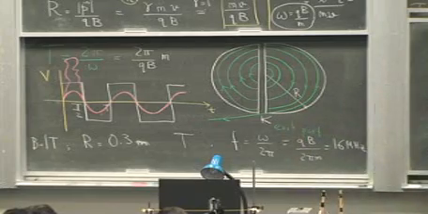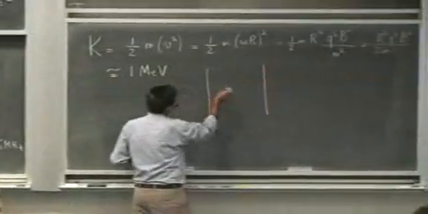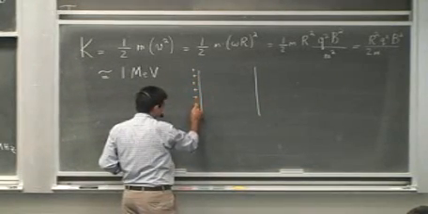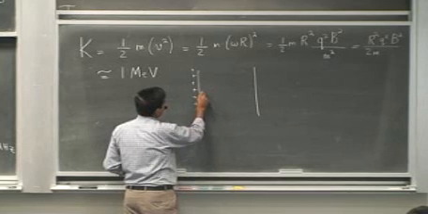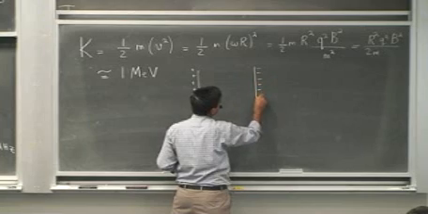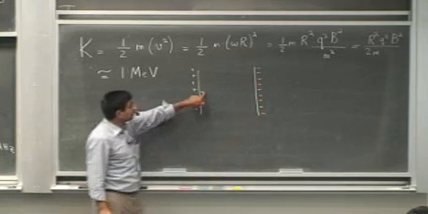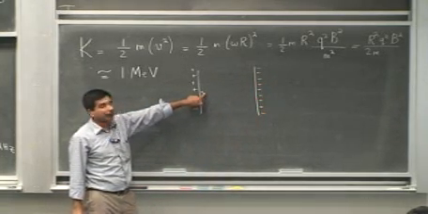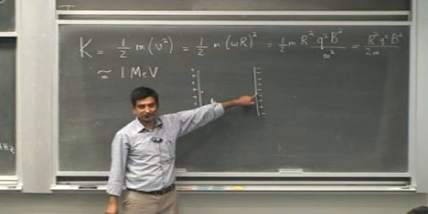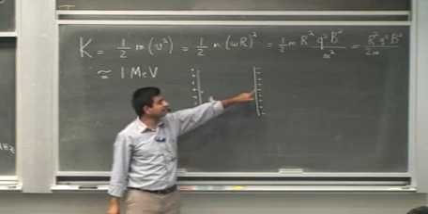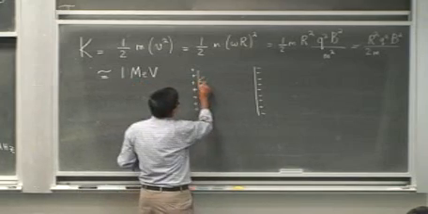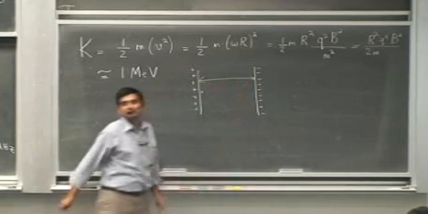If you had a proton sitting here next to the positively charged plate, with the negatively charged plate here, and this proton is initially at rest, a force is going to act on this proton, and it will accelerate as it goes towards the negatively charged plate. If you would like the final kinetic energy of this proton to be 1 mega electron volt, how much should this voltage be?